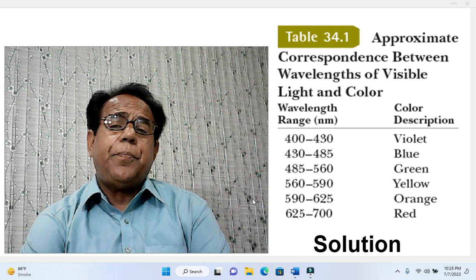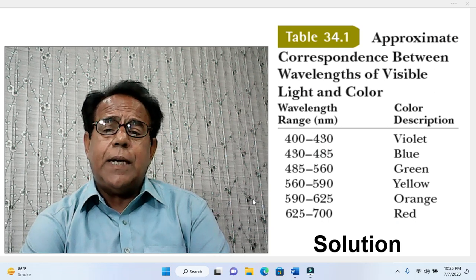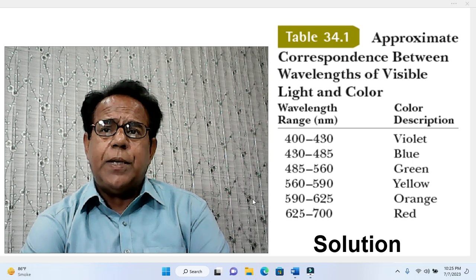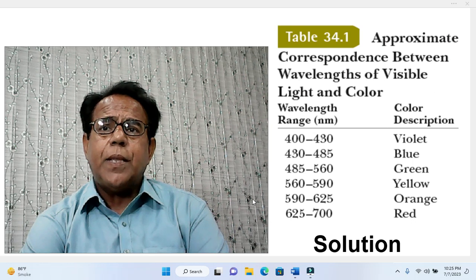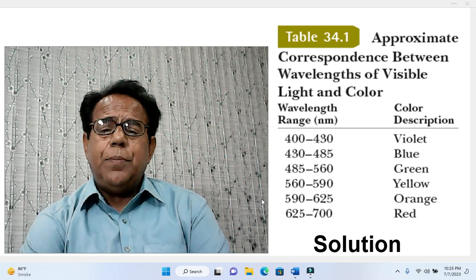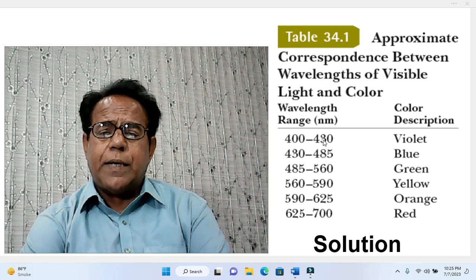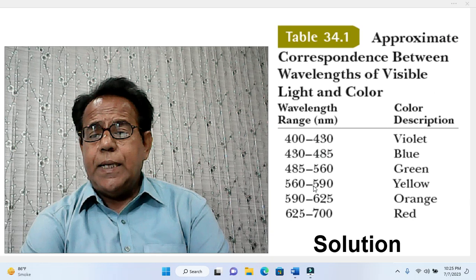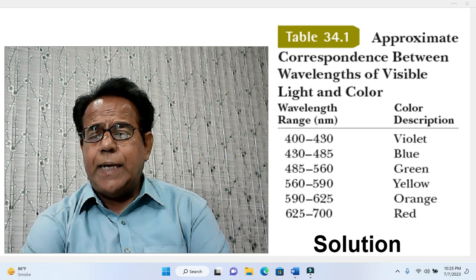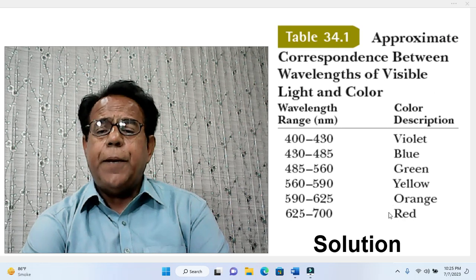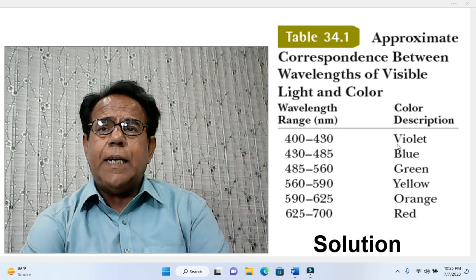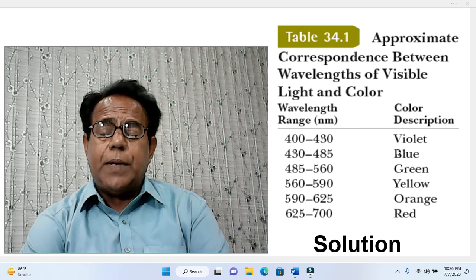Dear students, I very clearly remember that in my school life physics, we were well familiar with this spectrum, but at that time there were 7 colors, and VIBGYOR was the word which I had remembered to recollect these colors in mind.